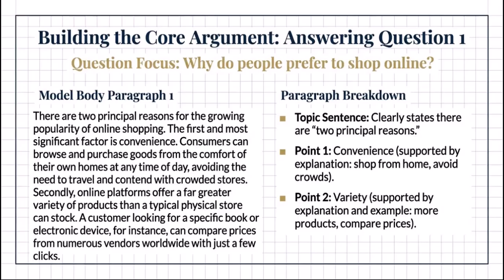It explains this by talking about shopping from home, anytime, and avoiding crowds and travel. The second reason is variety. It explains how online stores offer more products than physical shops and gives the example of comparing prices for a specific item. This paragraph is well developed, giving a clear explanation and a good example for both reasons.